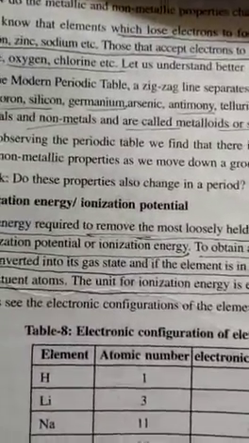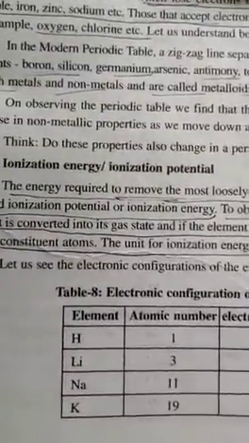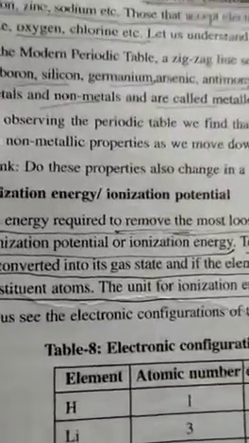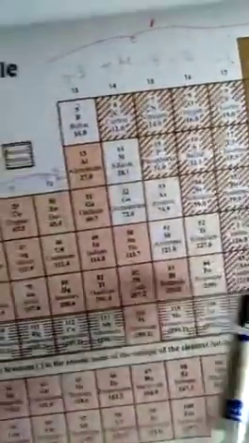Okay, so here what they are telling means, now in our periodic table everything is present, metals and non-metals. So we take the periodic table. You see now the periodic table, how it is. This everything is metals, this everything is non-metals.